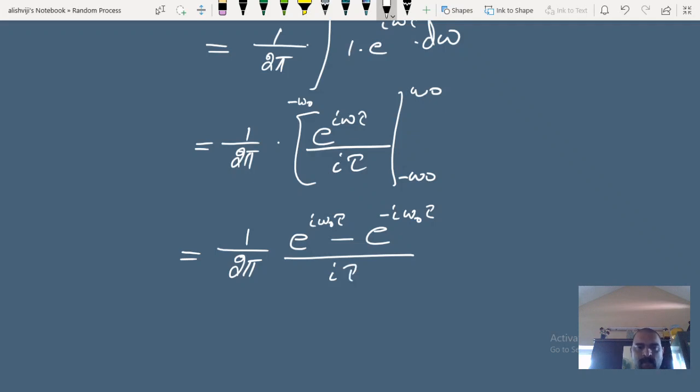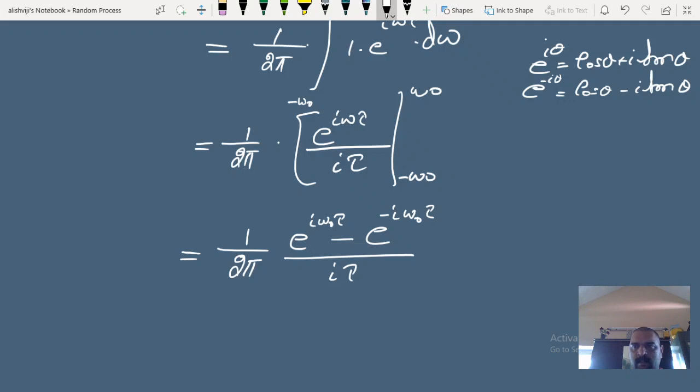Now from complex numbers we have e raised I theta is equal to cos theta plus I sin theta, and e raised minus I theta is equal to cos theta minus I sin theta.